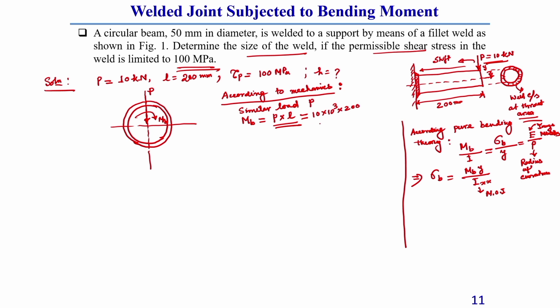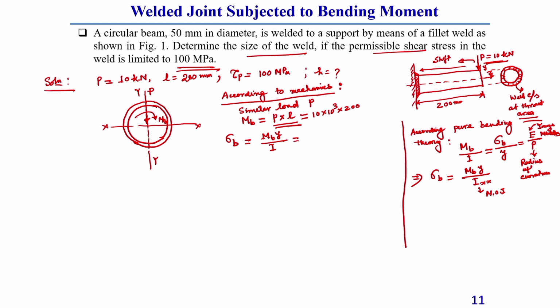So, due to this bending moment, what is the bending stress? Bending stress you can directly find out: bending stress will be MB y divided by I x x, this is your x x, this is our y axis.